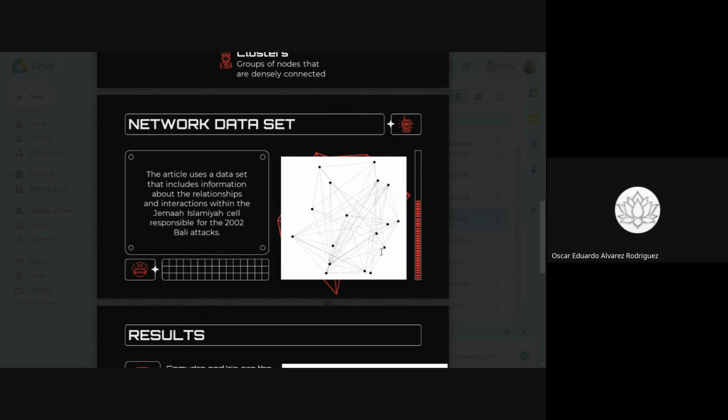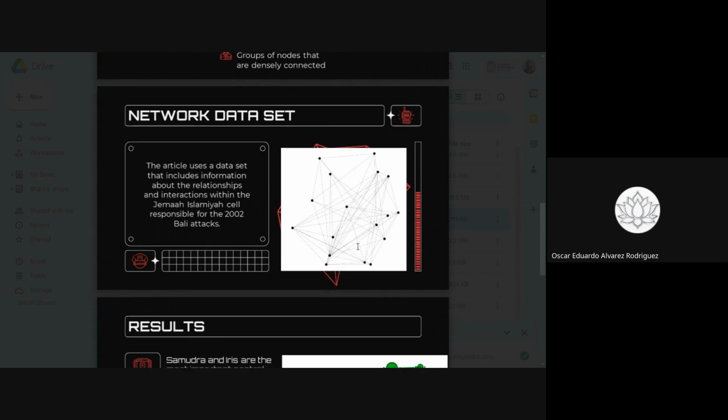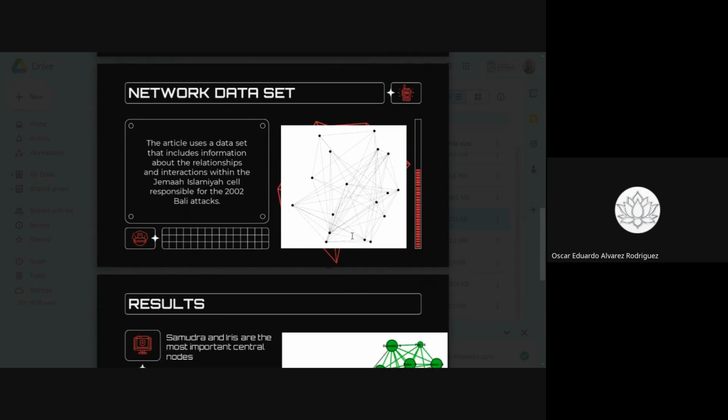Network data set. In the article, during the data collection, two matrices were organized. The first one is binary and presents the relationships between the members of the operation. These are 17 by 17. And the second is a matrix indicating the frequency or importance of interaction between the members.